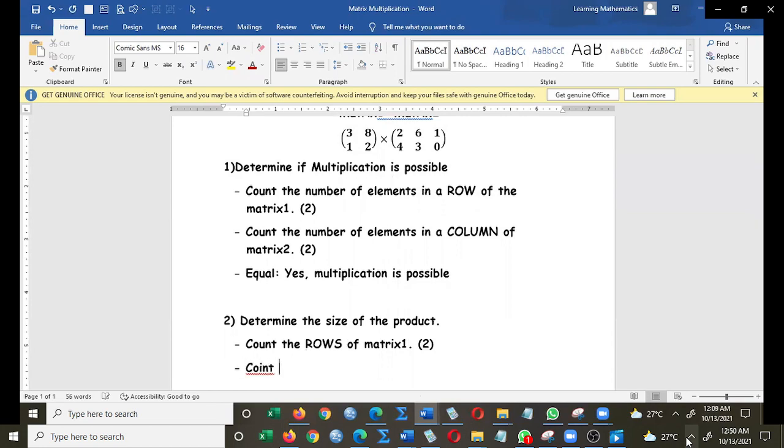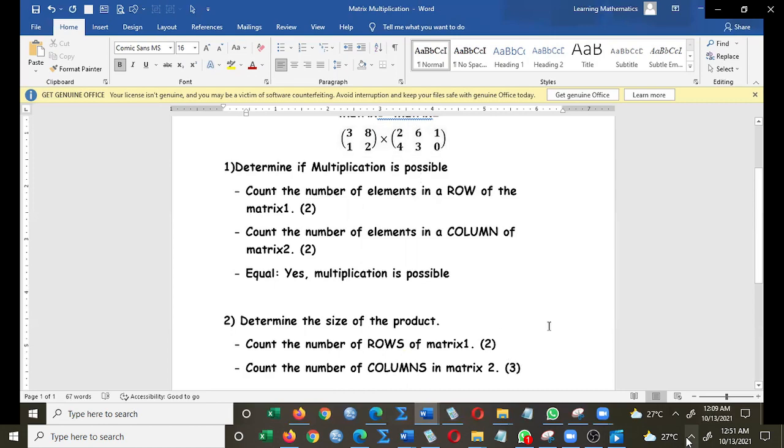Count the number of rows, and count the number of columns in matrix 2. How many columns are there in matrix 2? 1, 2, 3.